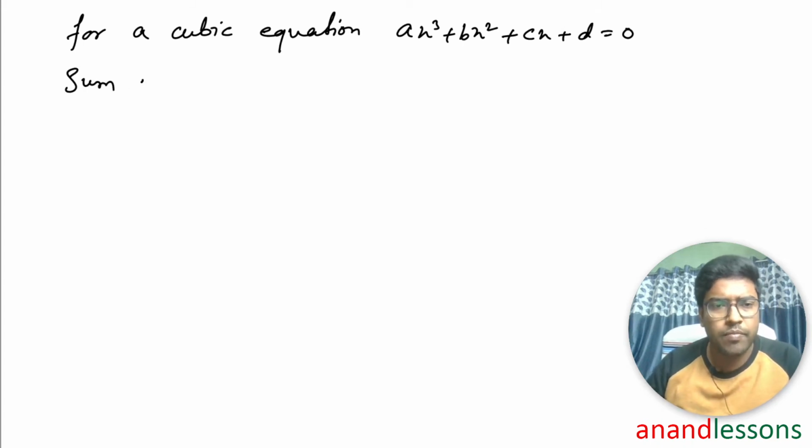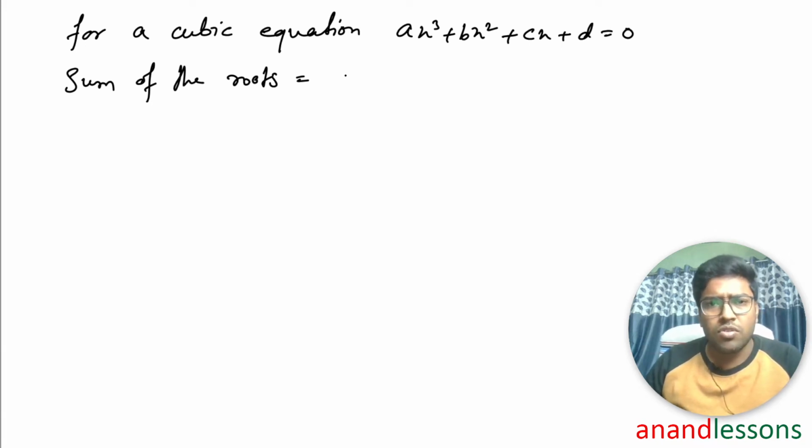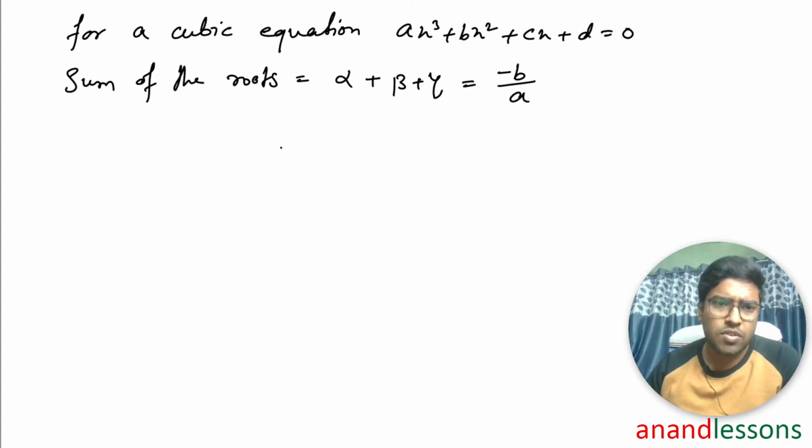the sum of the roots, suppose alpha, beta, gamma are the roots, alpha plus beta plus gamma equals minus b by a, where b is the coefficient of x square and a is the coefficient of x cube.